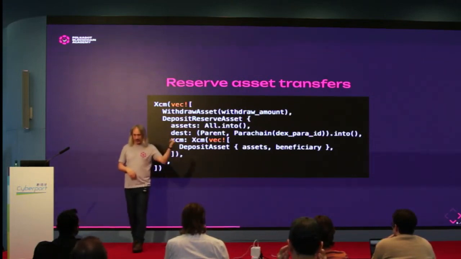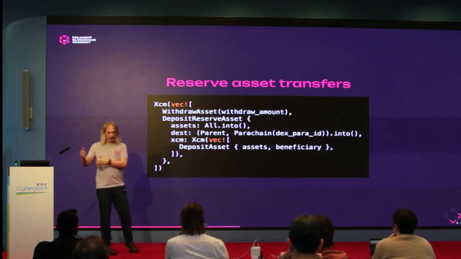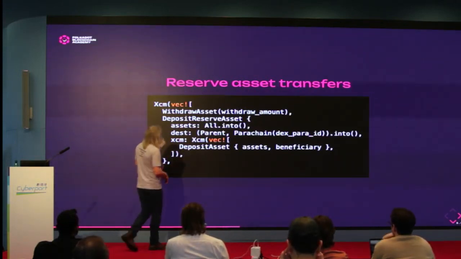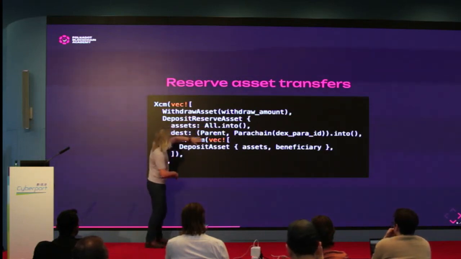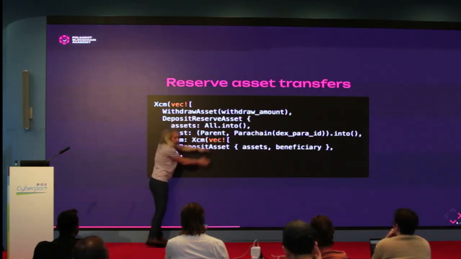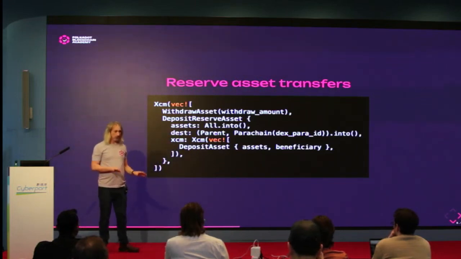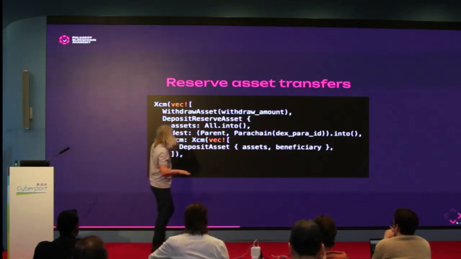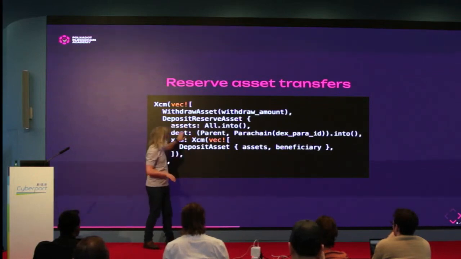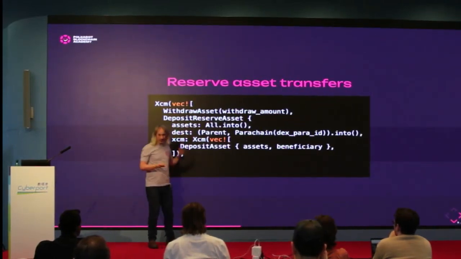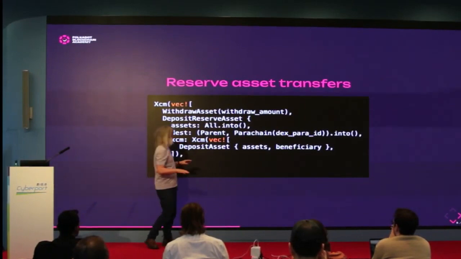That uses that converter that I showed you just before that converts a location into an account ID. Well, deposit asset just takes those two. You don't get this bit. Clear? Take some assets out of the holding register, put them in the account ID associated with some location. Clear? Yeah, nodding. Good.